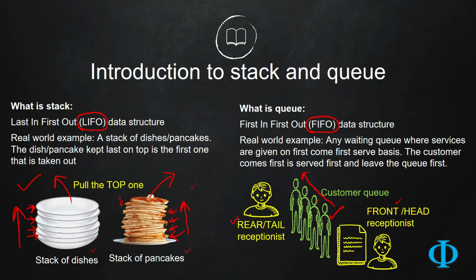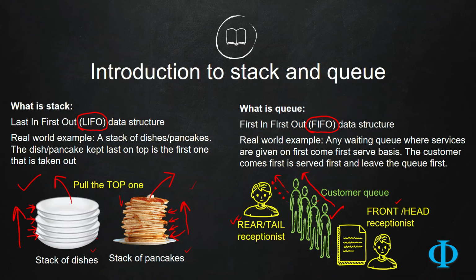The rear or tail receptionist keeps track of how the queue is growing in this direction, so that receptionist can keep track of whether someone is bypassing the queue or using any unfair means. So basically he just keeps track of how the queue is growing in this direction.